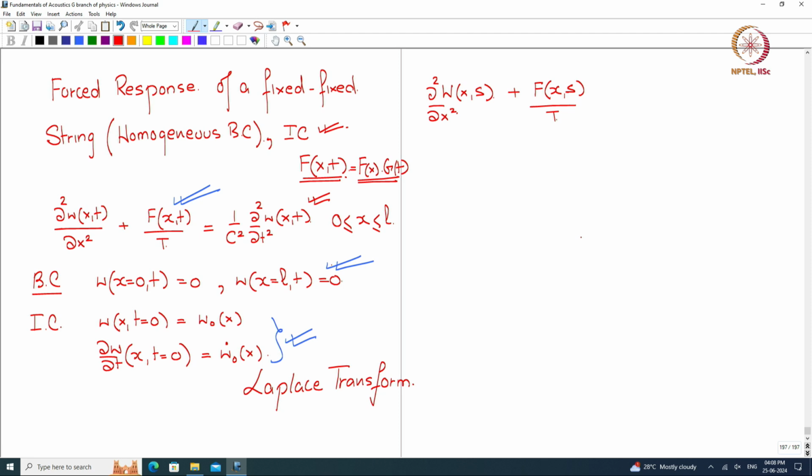Okay. And on the right I have 1 over c squared, and double derivative with time brings an s square, then I have capital W x comma s, then we have initial conditions s w 0 of x minus w dot 0 of x.